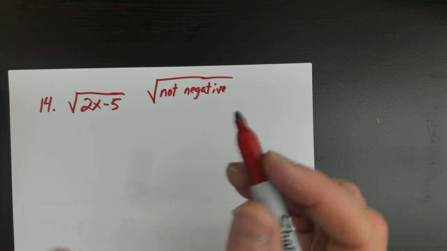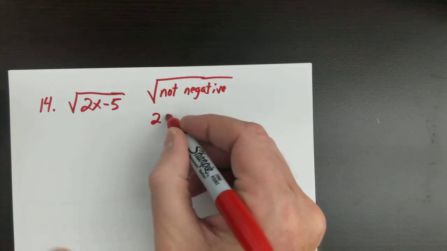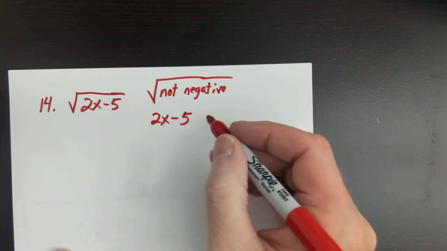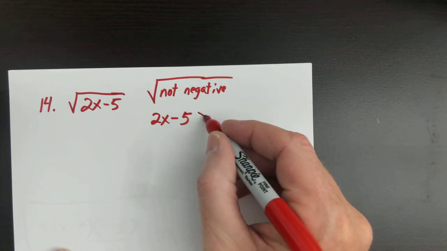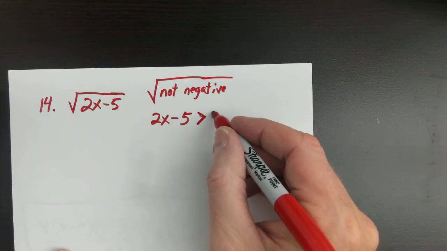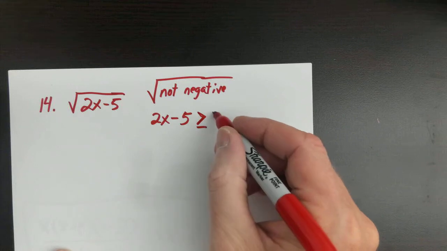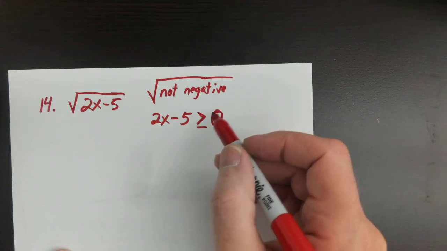So I got the square root of 2x minus 5. That means 2x minus 5 can't be negative. Well, to not be negative means that it's going to be greater than or equal to 0. If it's 0, it's not negative.